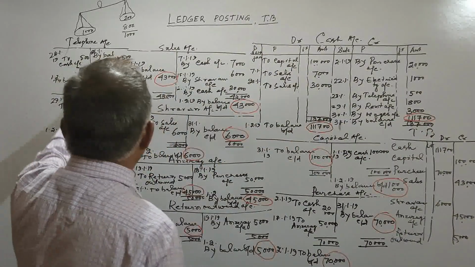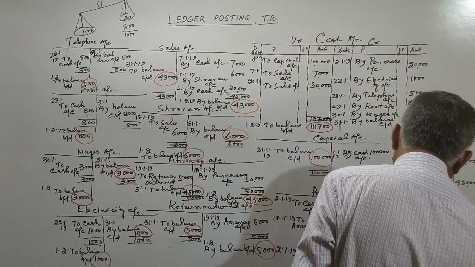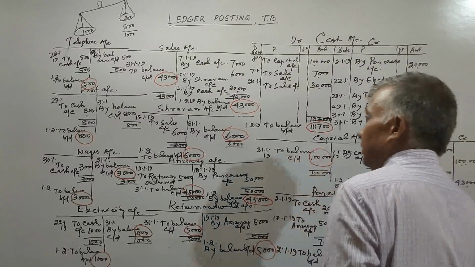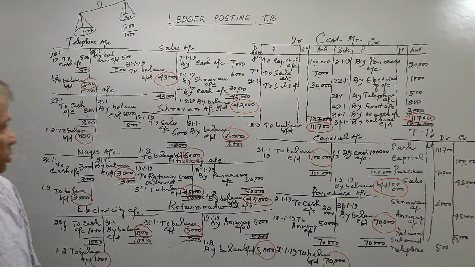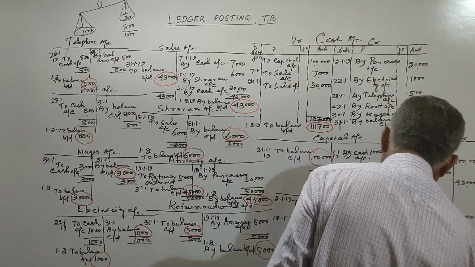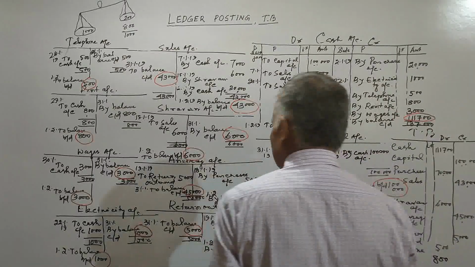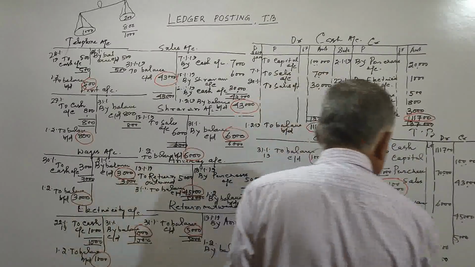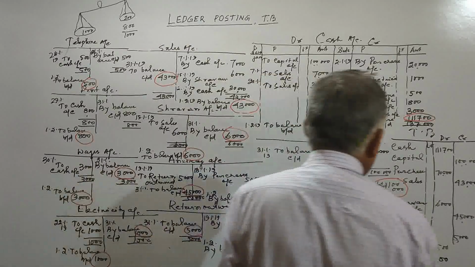Then we will come to telephone 500. After that your rent. So rent, I can write 800. Wages, I can write 3,000. This is your wages.